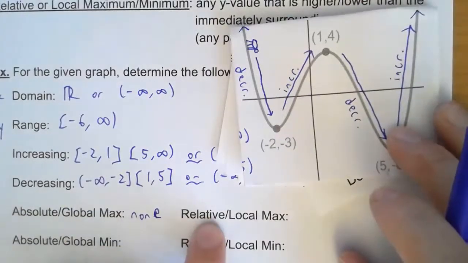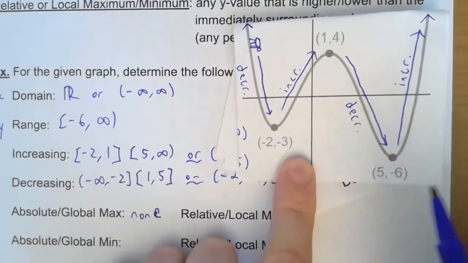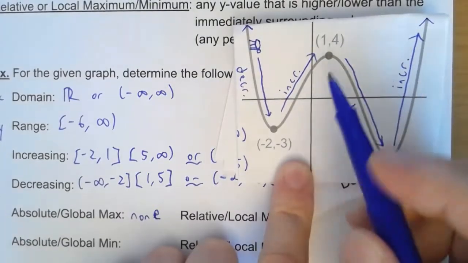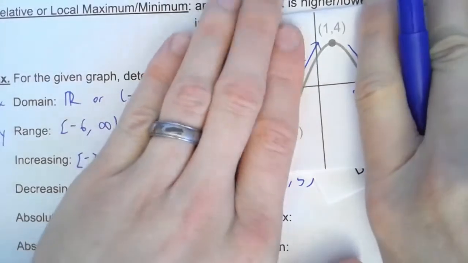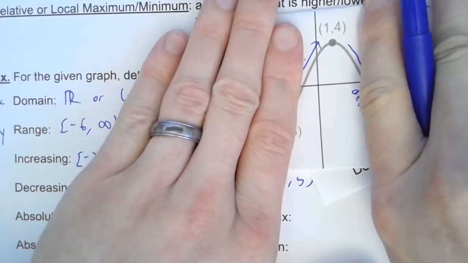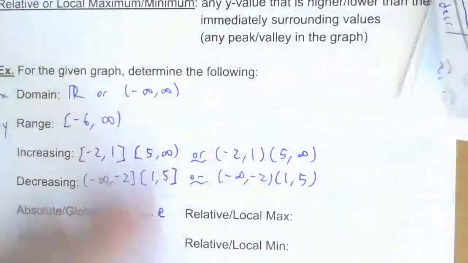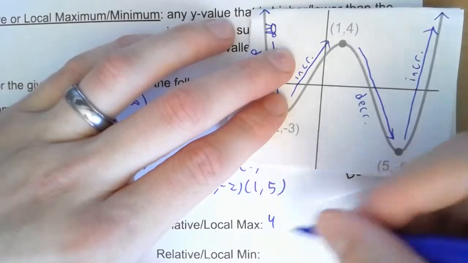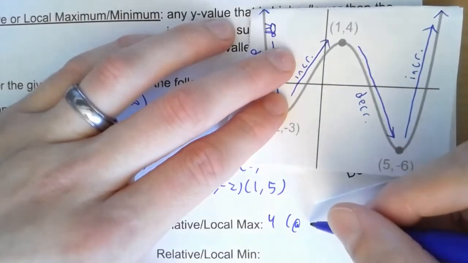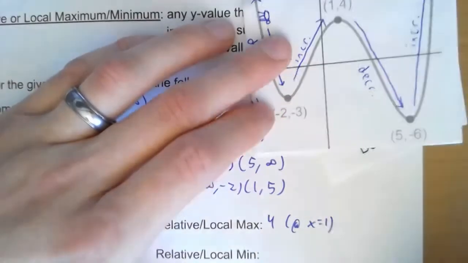But there is something that we call the relative or the local maximum. You see one point that we might call that, it's this one right here. If you just look locally, if you just look relative to the points around it, that point right there is a maximum. And so we would say that the maximum is 4. If you wanted to, you could say at x equals 1, but the maximum value is the y value, that 4 right there.